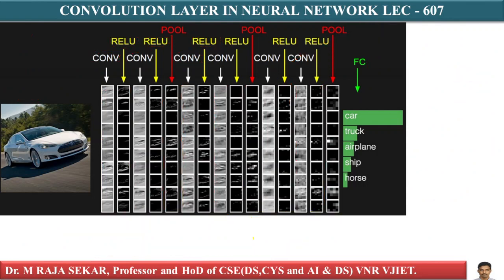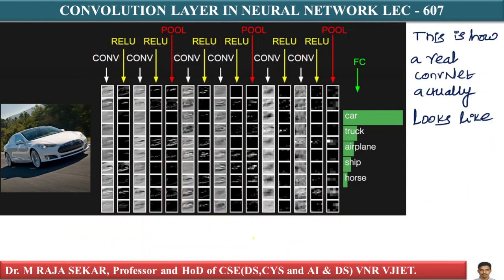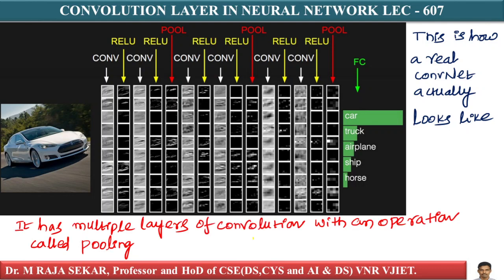A real ConvNet, a convolutional neural network, has multiple layers of convolution with an operation called pooling, that we will see in one of the next videos. But you might wonder, why do we care about it?